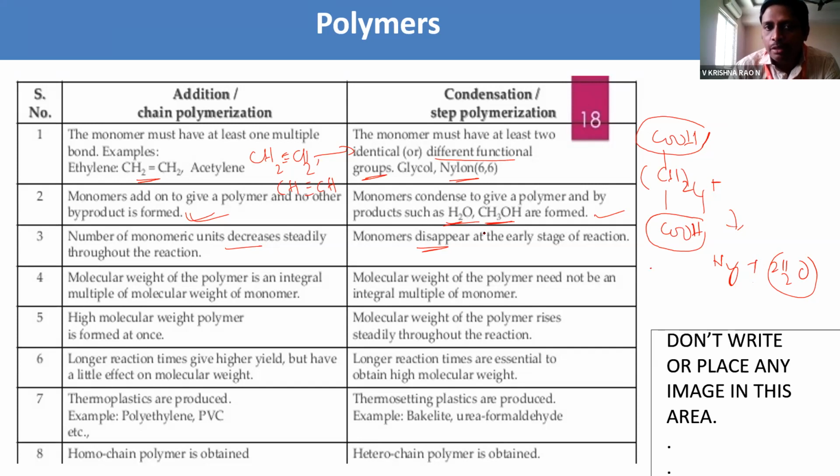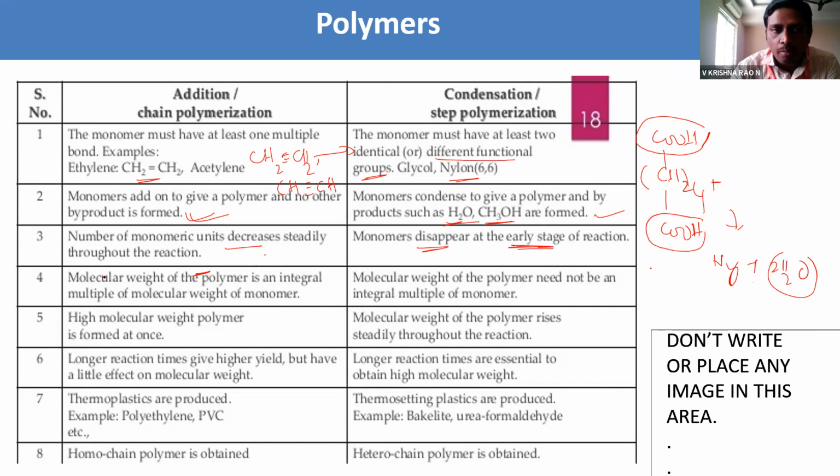That is the meaning of monomers disappearing at the early stage. In addition polymerization, it is not like that. The monomer ethylene on polymerization produces polyethylene, and the monomer decreases steadily throughout the reaction. But in condensation, with adipic acid plus hexamethylene diamine we get the different product, nylon 66, and that is why we say the monomers disappear at the early stage of the reaction.